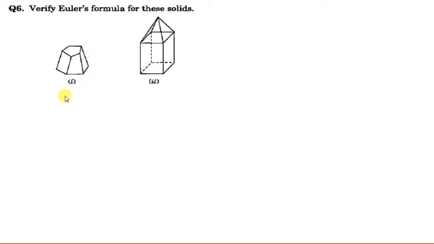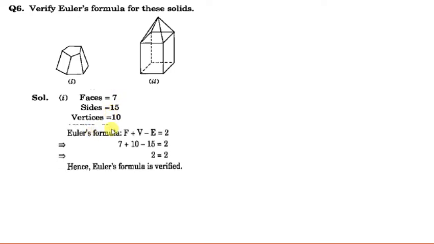So there will be 15 edges here. So F plus V minus E will be 10 plus 7, 17 minus 15, that is 2. And it means this Euler's formula is verified here.